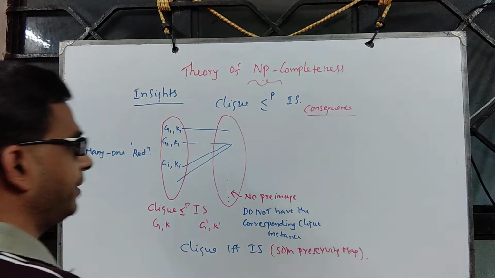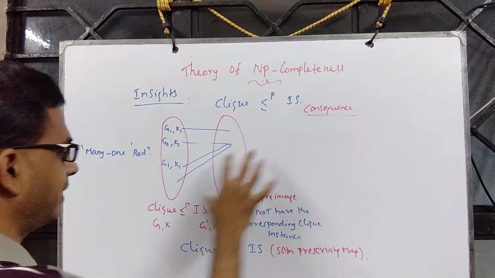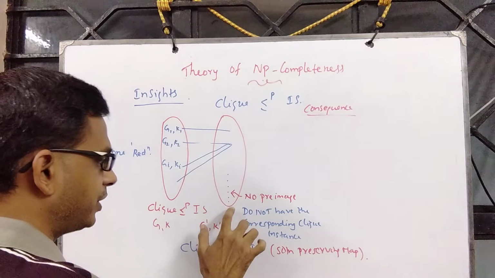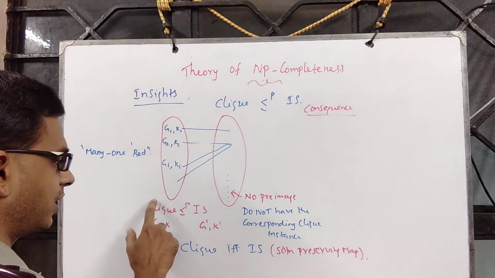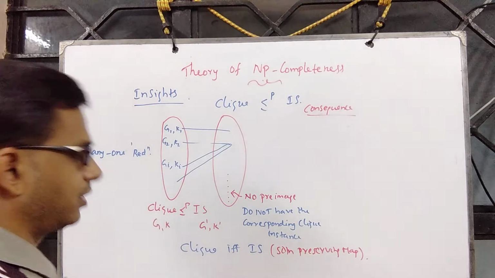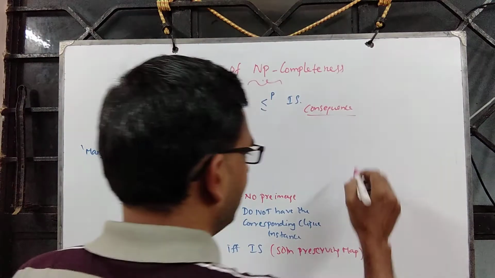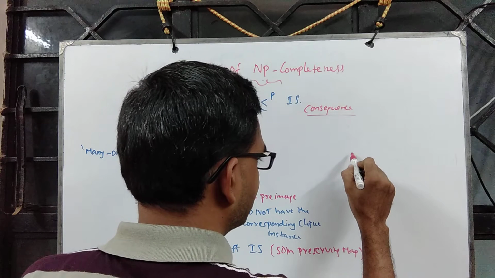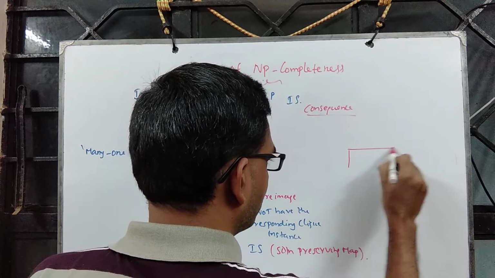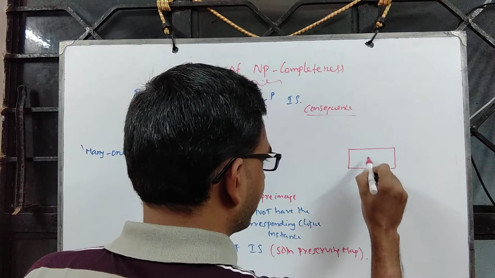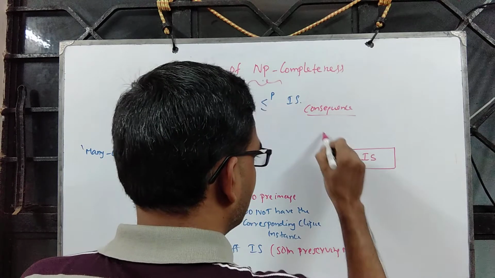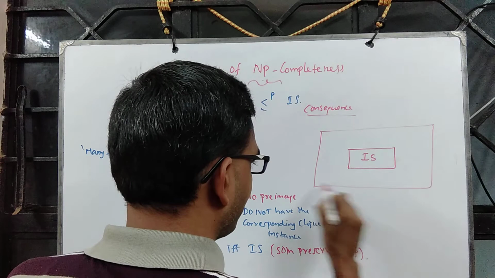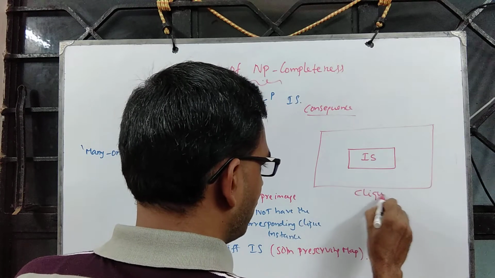If we can solve independent set in polynomial time, then we can solve clique in polynomial time. A solution to independent set can be used to solve clique.